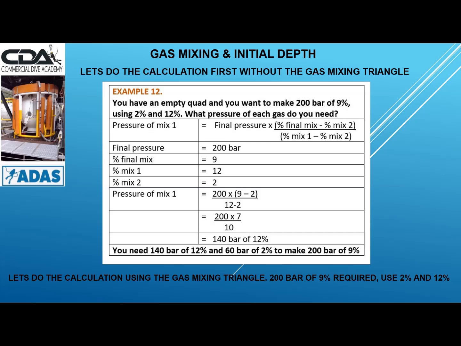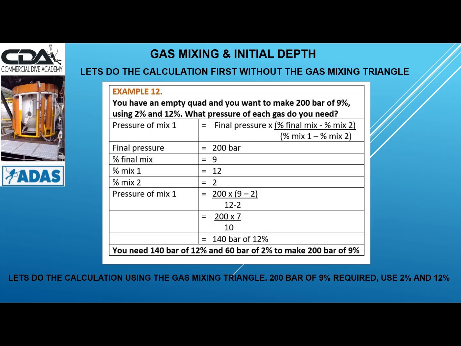So there's our formula again. We plug in the numbers: 200 by 9 minus 2, over 12 minus 2. That gives us 140 bar of 12%. So you need 140 bar of 12% and 60 bar of 2% to make 200 bar of 9%.